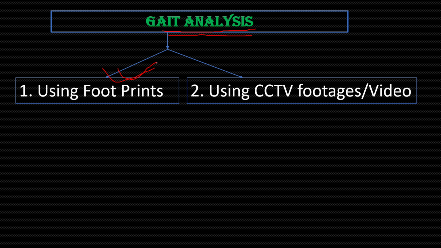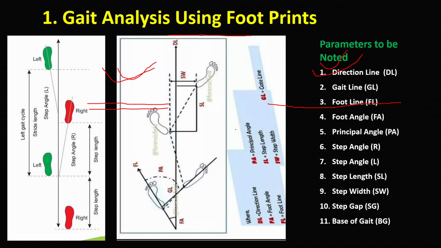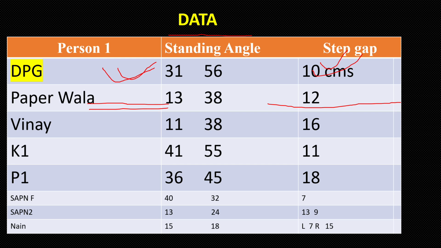And the other is using the CCTV footage. So there are two types of analysis: footprint analysis and CCTV footage analysis. In today's video, I will discuss only the footprint analysis for gait features examination.